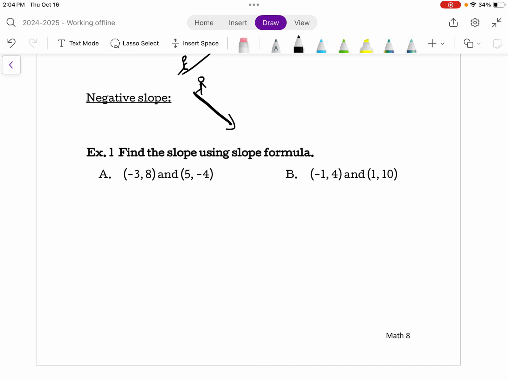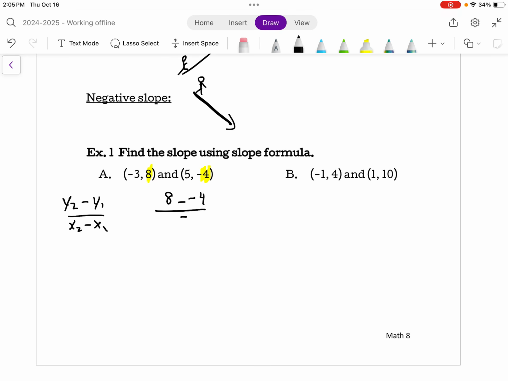There's going to be a bunch of different ways to find slope, but the easiest way when you're given 2 points is just to use the slope formula. So the slope formula would be y2 minus y1 over x2 minus x1. And what I like to do is set this up like this first, and then it's easy for me just to take my y values, which would be 8 and negative 4, and plug those in, and I can do any order.